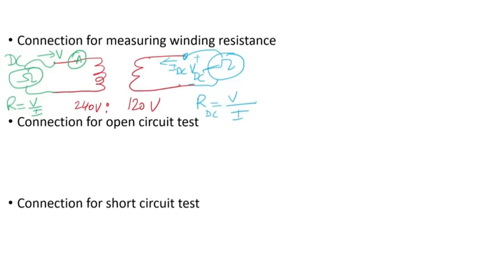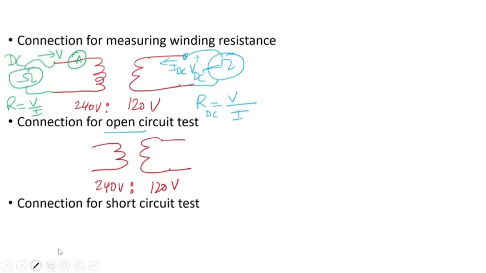So for the open circuit test, again you have the windings. Let's assume this is the 240 volt side and this is the 120 volt side. For the open circuit test, you only apply the test to one side.